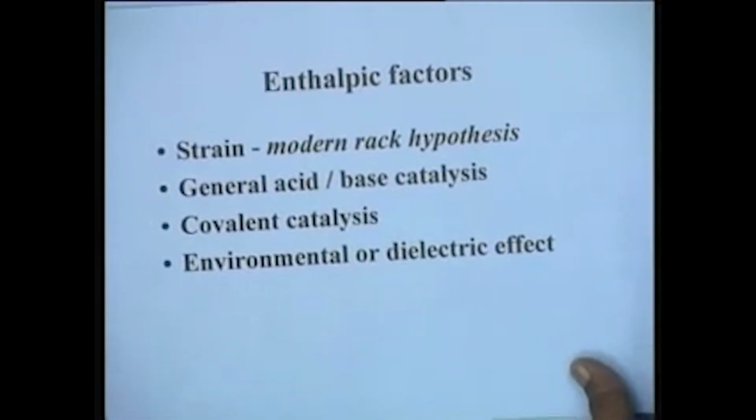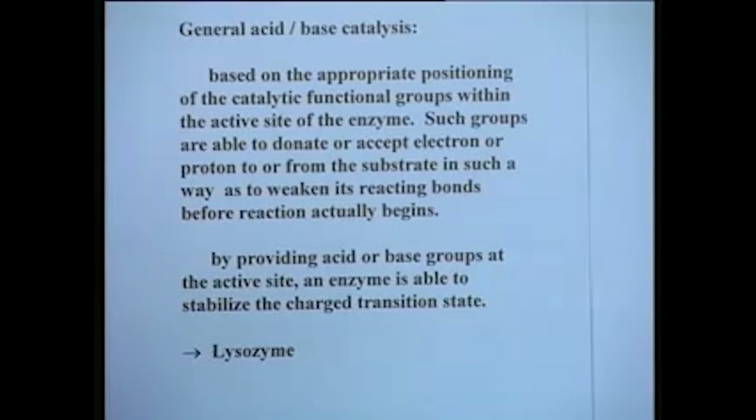The other mechanism by which the enthalpic factors contribute to reducing energy of activation is general acid base catalysis. Of course, this is a mechanism which is very often employed even in the case of chemical catalysts.